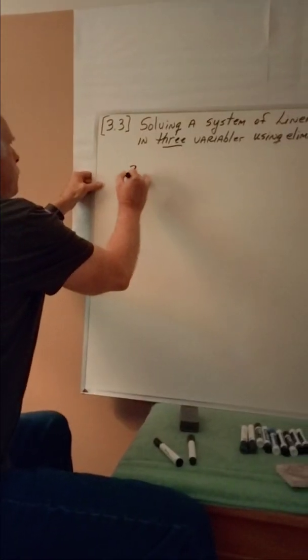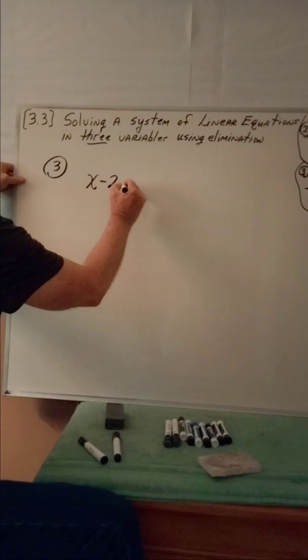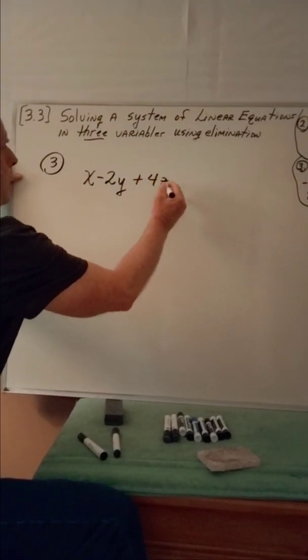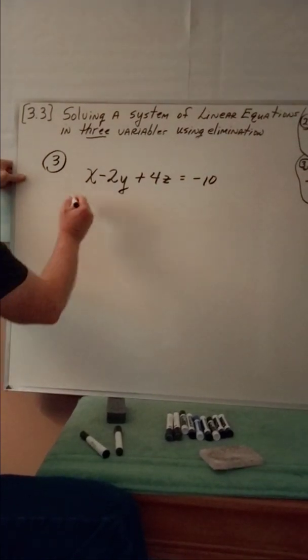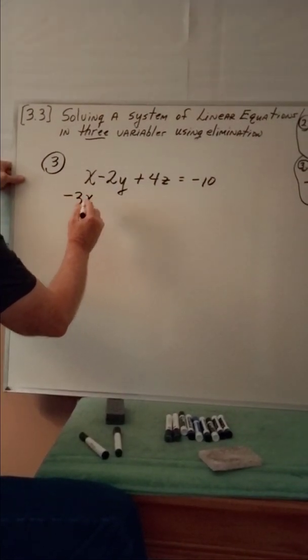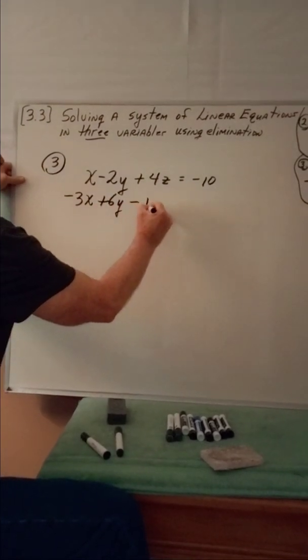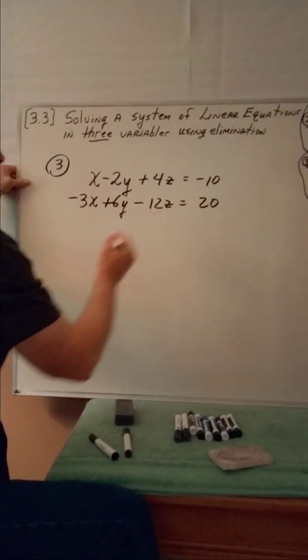So here's number 3. x - 2y + 4z = -10. Second equation, -3x + 6y - 12z = 20.